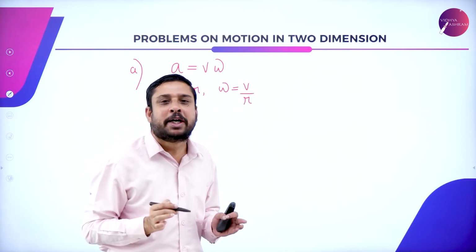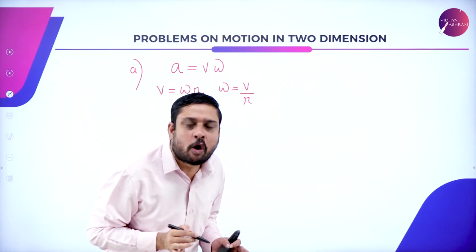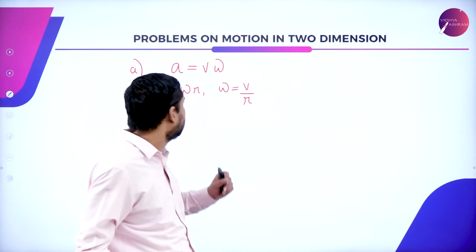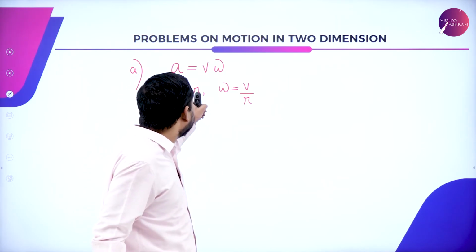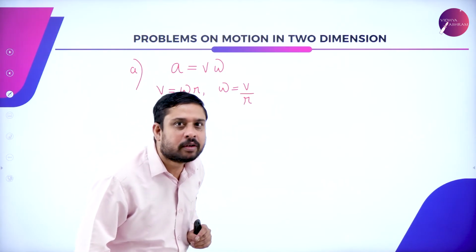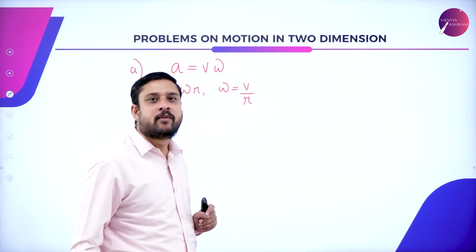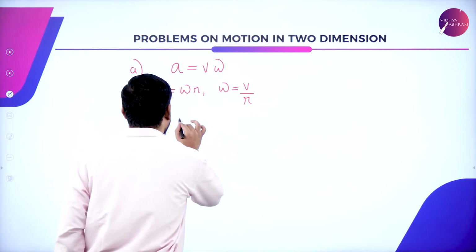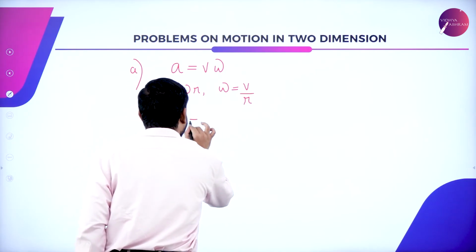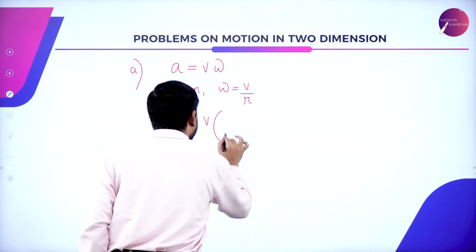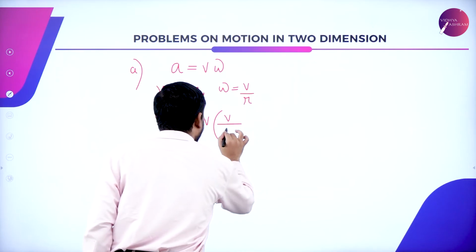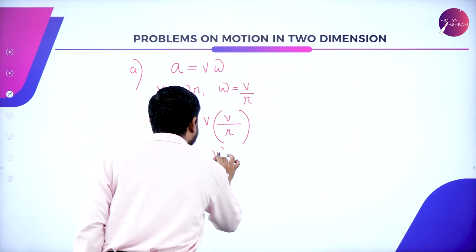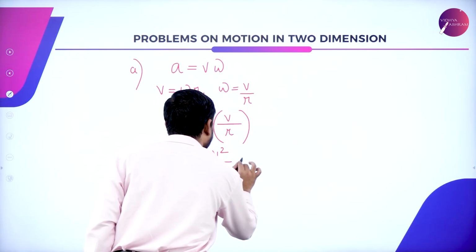Relationship between linear velocity and angular velocity: v equals omega r, or omega equals v divided by r. So substituting here, a is v into v by r, or a is v square by r.